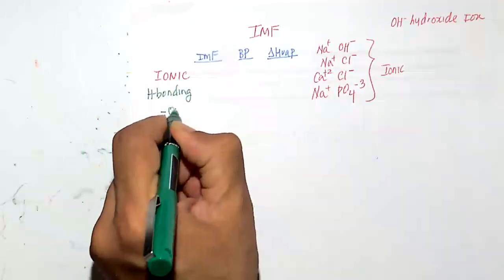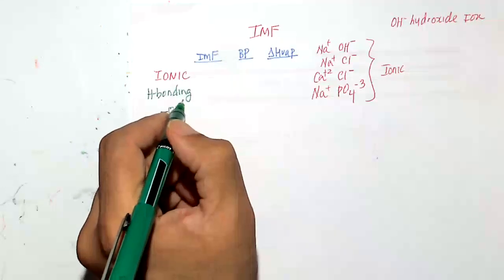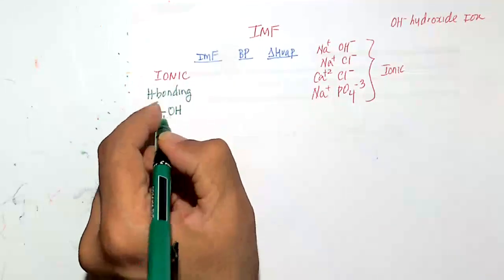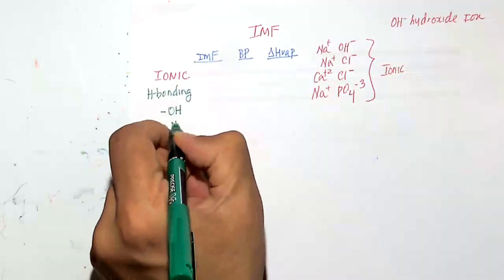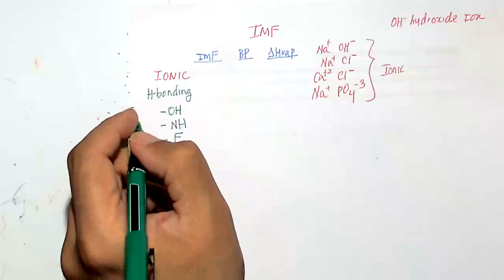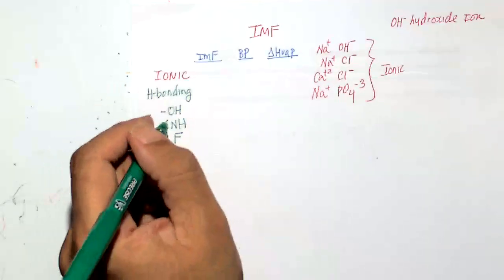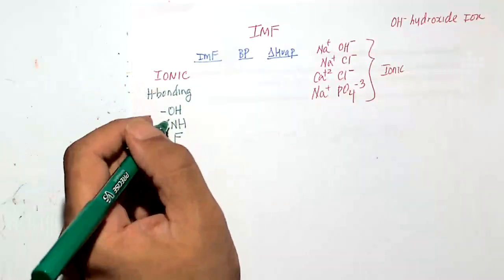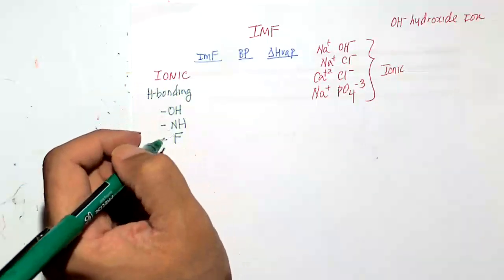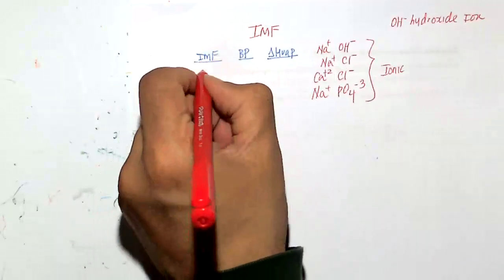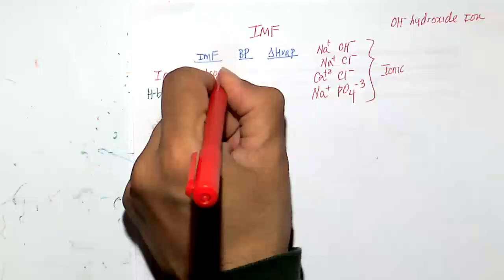We're looking for three things here. Anywhere in the molecule, the hydrogen will have a polar attraction to an OH, to an NH, and to a fluorine. Anytime you see these three, that's hydrogen bonding. So this would be strong.